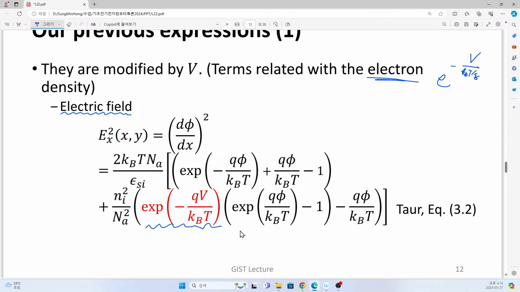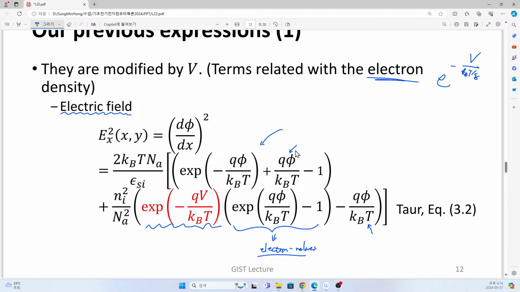This is the modulation, and this modification just occurs in front of the electron-related terms. So all other parts just remain the same as before. For example, this one is corresponding to what? This is related to hole density, yes, and this is related to neither electron density nor hole density. This is corresponding to just doping density. Okay, and this term is related to doping density.